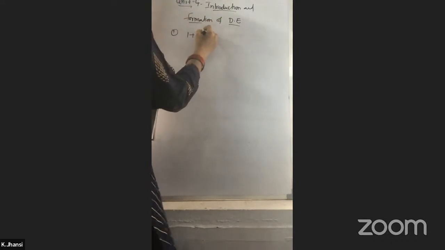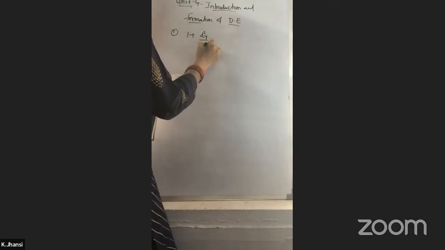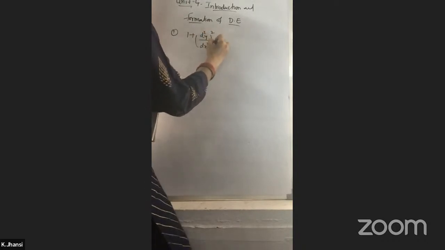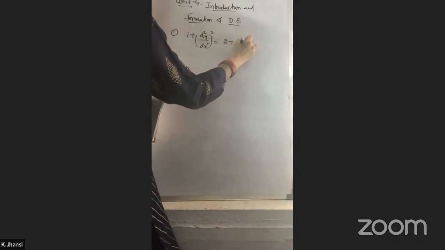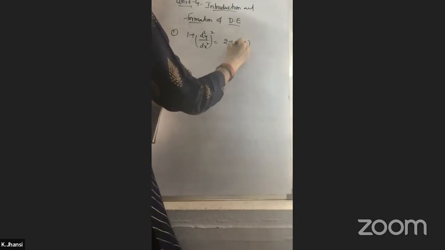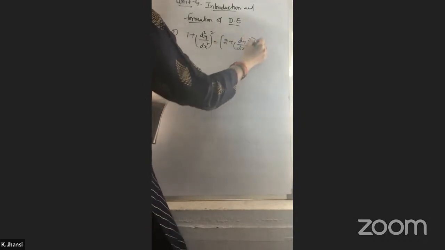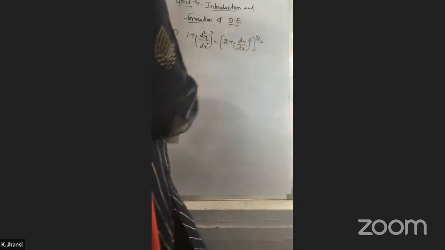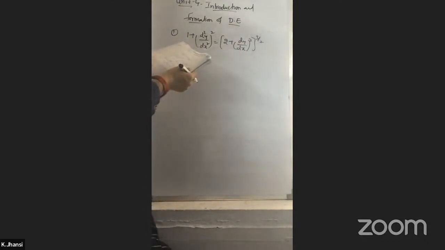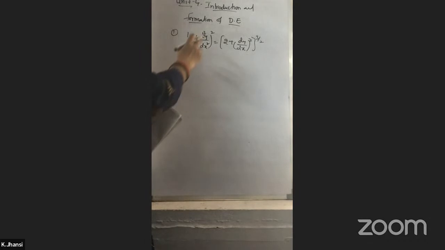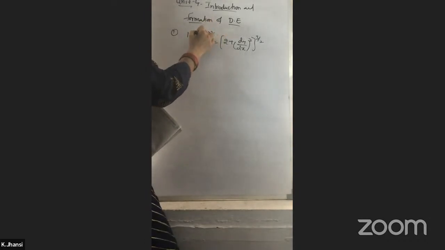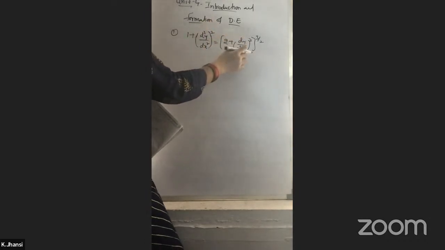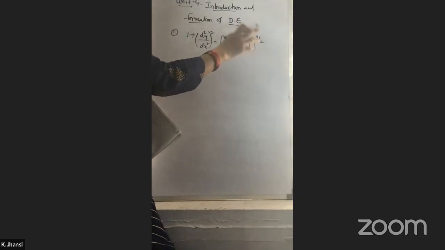We see that (1 + (d square y by dx square)) whole square equals to (2 + (dy by dx) whole square) to the power of 3 by 2.